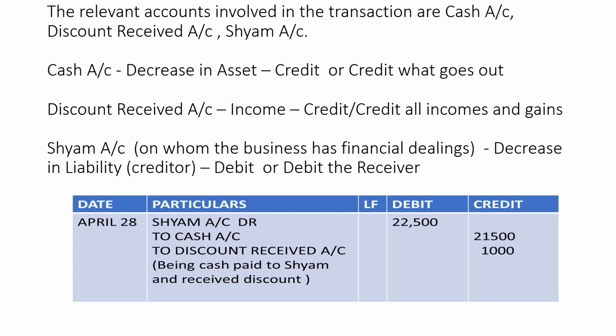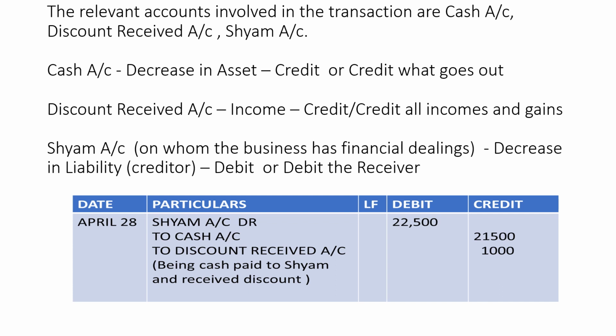So debit the receiver. Whenever there is a decrease in liability, debit, or you may use the terminology debit the receiver. So decrease in liability, the liability gets settled off. So you need to debit.